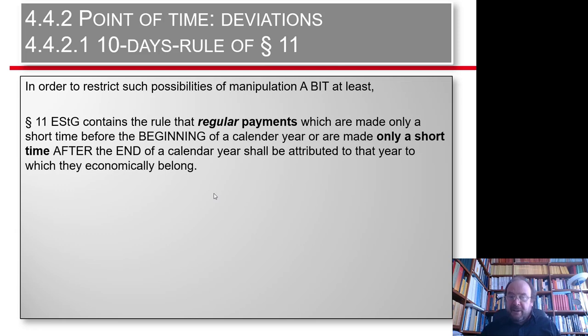It just says if a payment is made only a short time before a year begins or only a short time after a year ended, and economically it belongs to that year, it will be attributed to the year to which it economically belongs, and not to the year in which the payment was made or received.